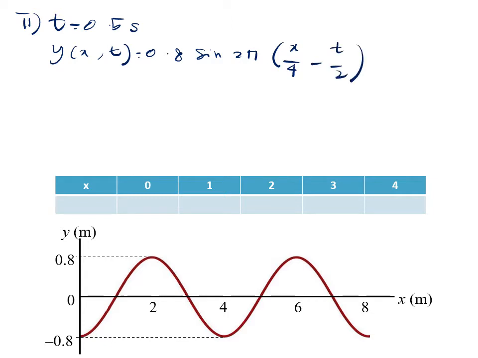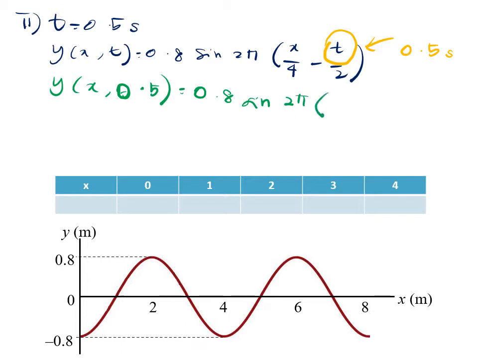So you have to substitute t equal to 0.5 second. Then you will get a new equation which shows y in terms of x and 0.5 equal to 0.8 sine 2 pi times x over 4 minus 0.5 over 2.